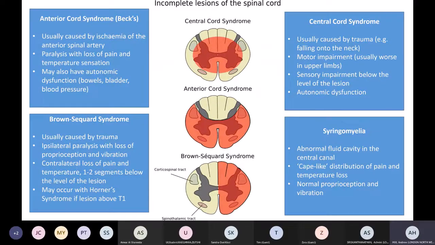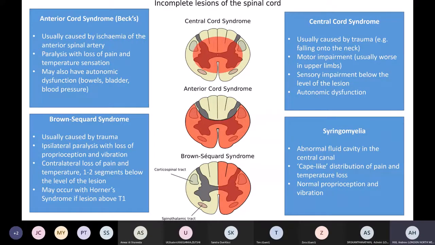Now, I've put this nice diagram here, and I've put 4 spinal cord syndromes, which you often see in single best answer questions. So I won't cover Brown-Séquard syndrome again, but anterior cord syndrome usually spares the dorsal columns, so proprioception and vibration sensation are intact.